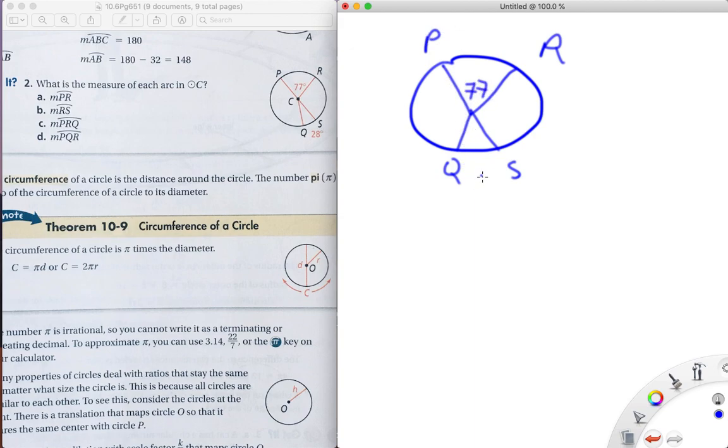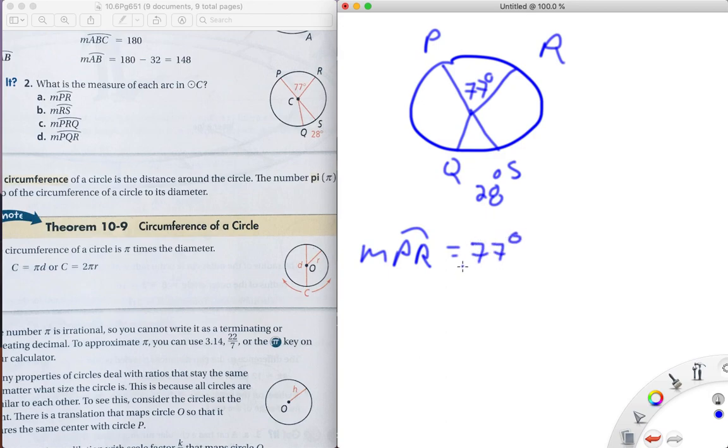And then when it's on the inside, it's talking about the central angle. When it's on the outside, it's talking about the minor or major arc. So they want to know what PR is. Well, the measurement of PR is the same as the central angle, so that's going to be 77 degrees.